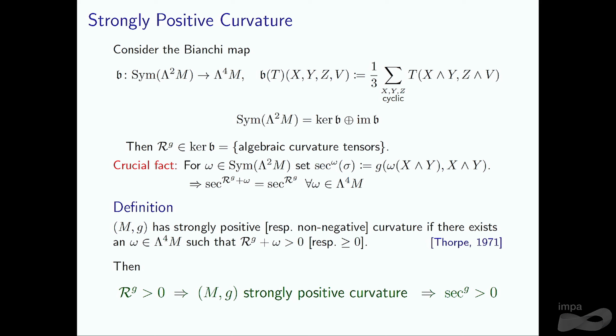And then it is easy to check that this notion sits in between positive curvature operator and positive sectional curvature. So since we have this beautiful blackboard, let's use it.